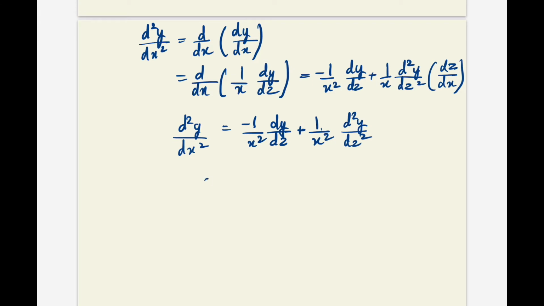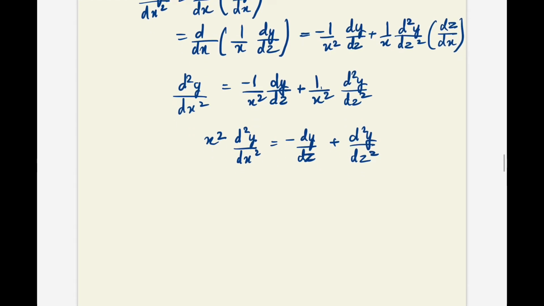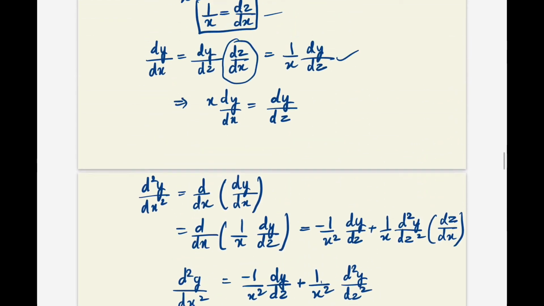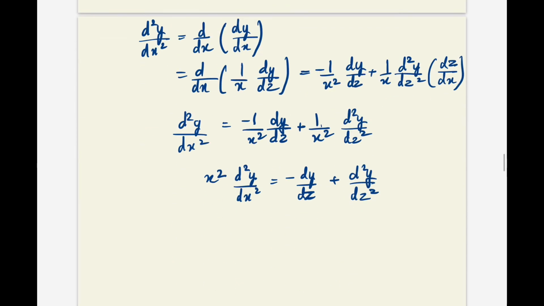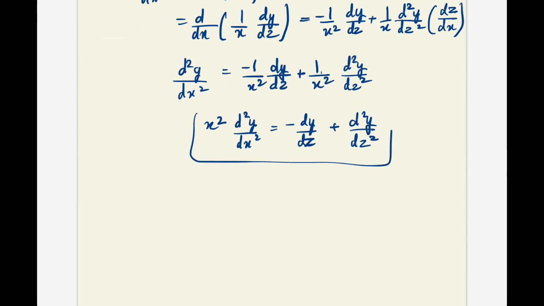Okay, now take the x square or multiply on both sides, x square d2y by dx square minus dy by dz plus d2y by dz square. So now we will substitute these values of x dy by dx, and x square d2y by dx square.